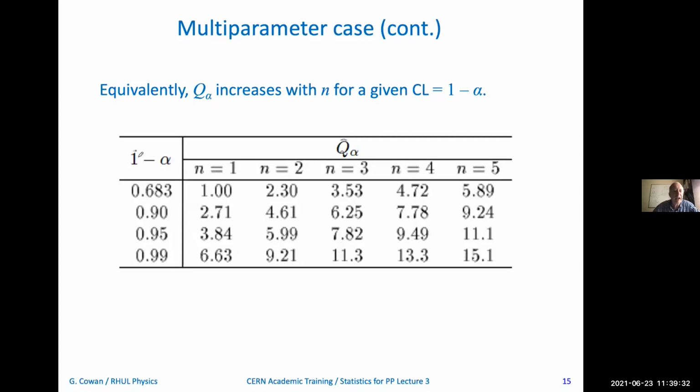So in this table on the left, I've shown confidence levels that we might be interested in having, like 68.3% or 90% or 95%. And this tells you what the corresponding quantile has to be for different numbers of parameters. So if you want, say, a 95% confidence level region with two parameters, then you have to say log L equals log L max minus 1/2 times 5.99. Or you pick the number that you want.